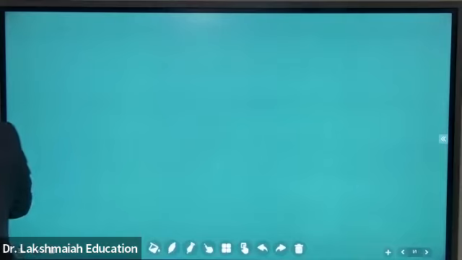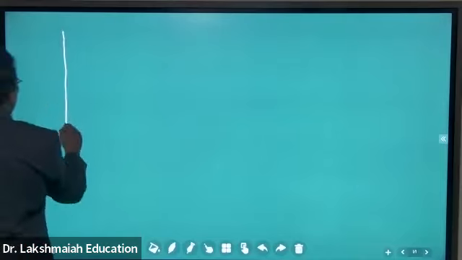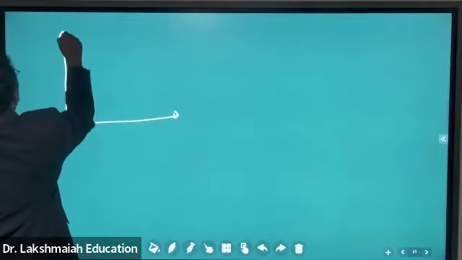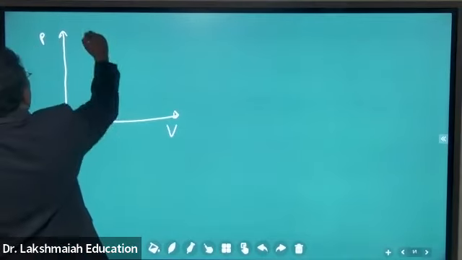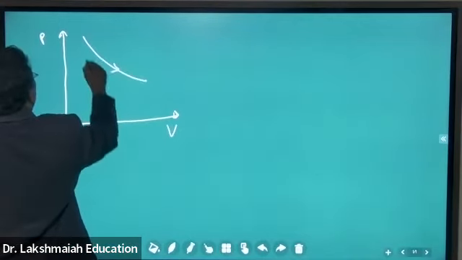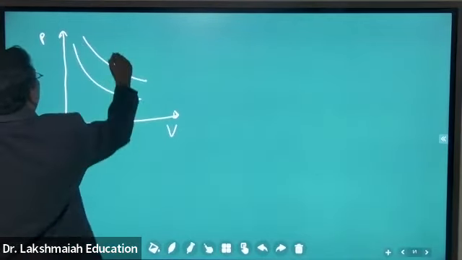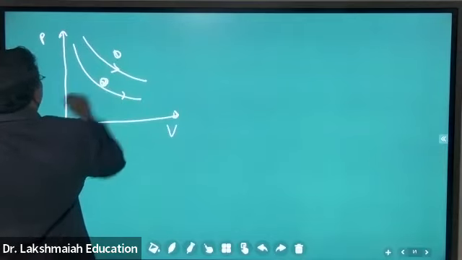So simple concept I will give you. In PV graph, you take P and V. Suppose they will give two curves like this, equation number 1 and equation number 2.